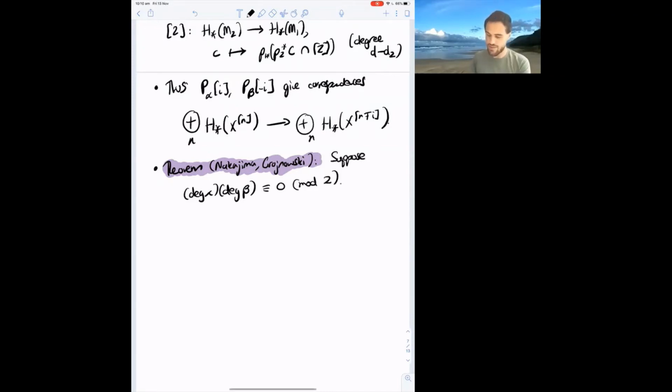Then we have the following relation: the commutator of P alpha I as an operator with P beta J as an operator is equal to (-1)^(I-1), a factor out the front which I'll say something about in a second, times the Kronecker delta of alpha and beta times the identity.